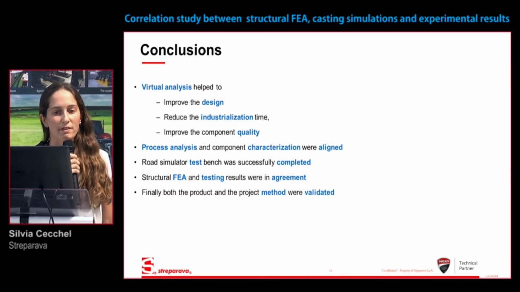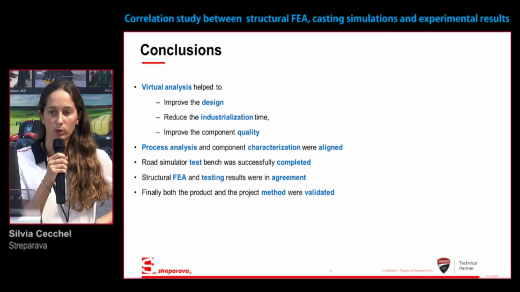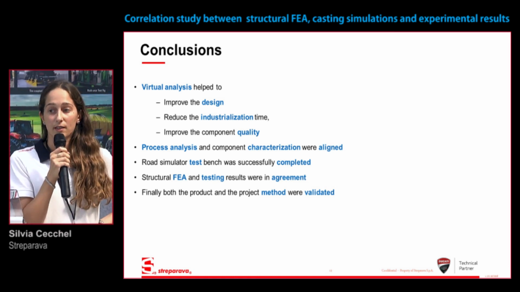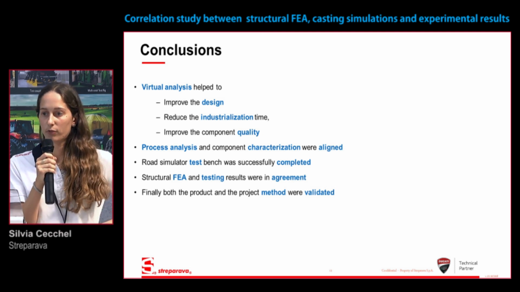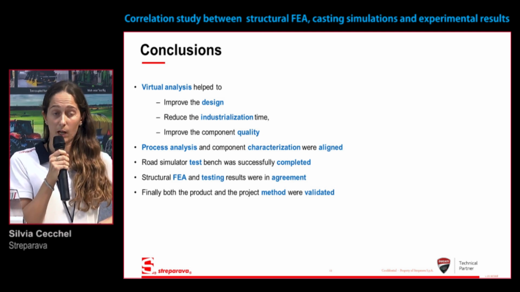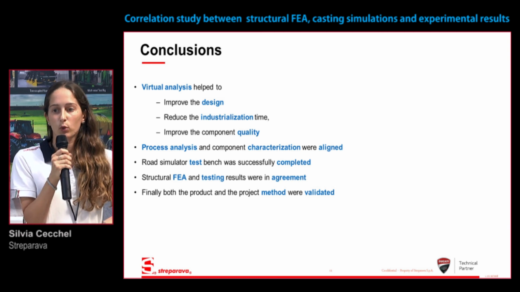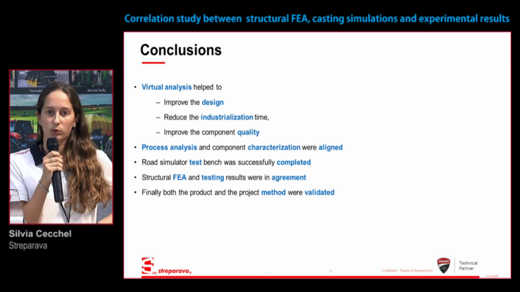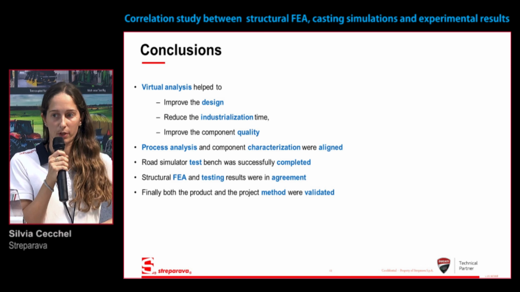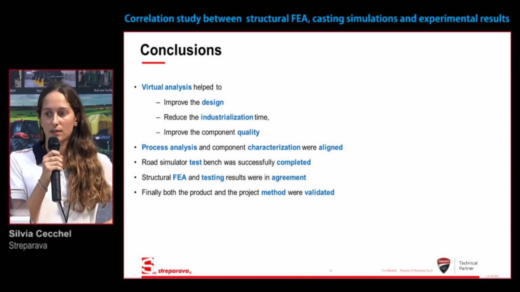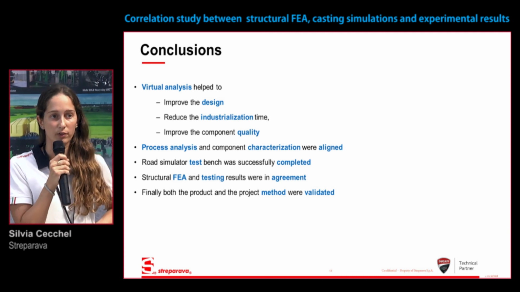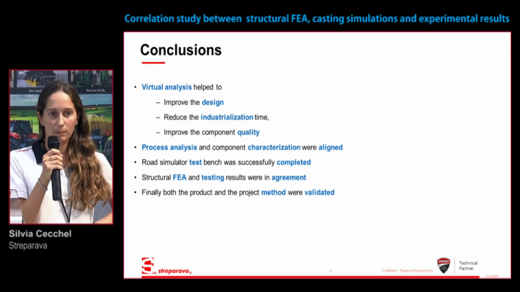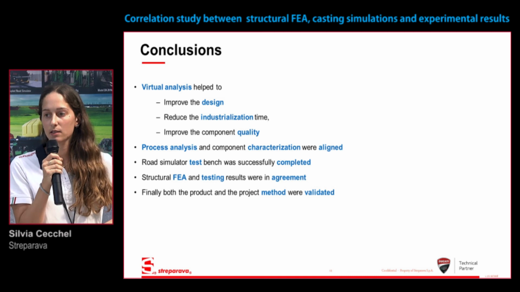So in conclusion, we see that virtual analysis helped to improve the design, to reduce the industrialization time by an optimization of the design in a preliminary phase, and to improve the quality of the component, taking into account the requirements of the process analysis and the component characterization. We have seen the case of the X-ray, but there are many other parameters that can be analyzed.